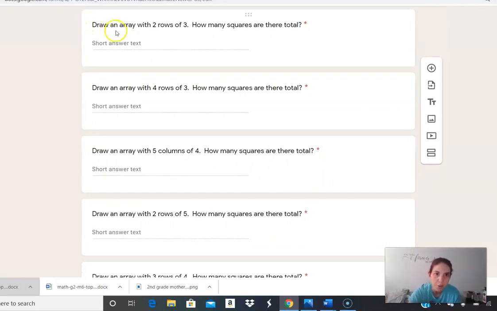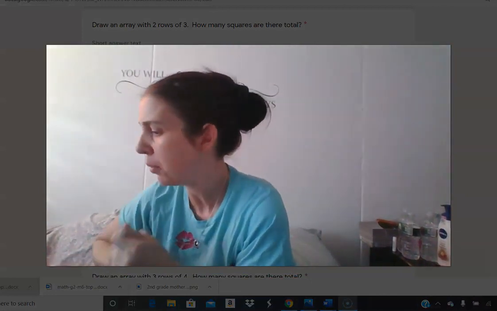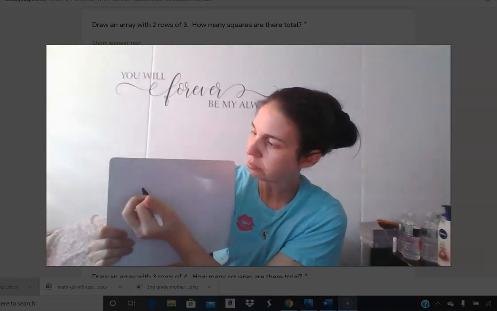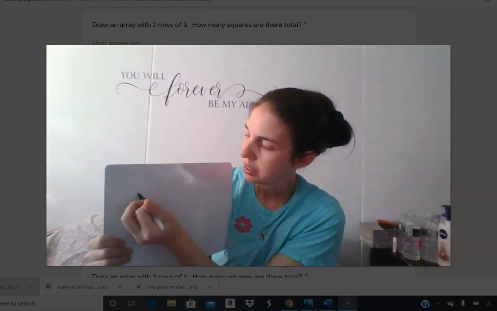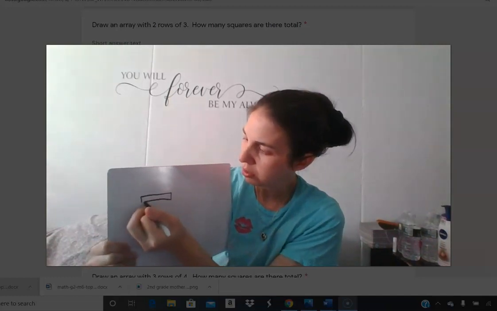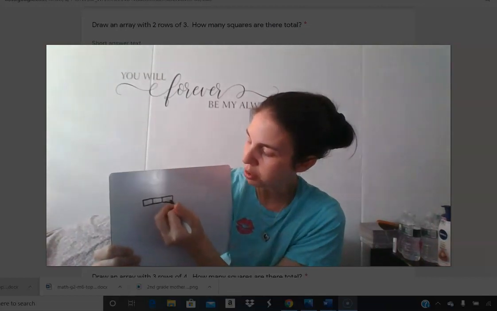So the first one says, draw an array with 2 rows of 3. How many squares are there total? So you're going to draw an array with 2 rows of 3. And I wanted to model that for you. So I have my whiteboard here, marker. And basically, we need to draw one row that has 3. 1, 2, 3.